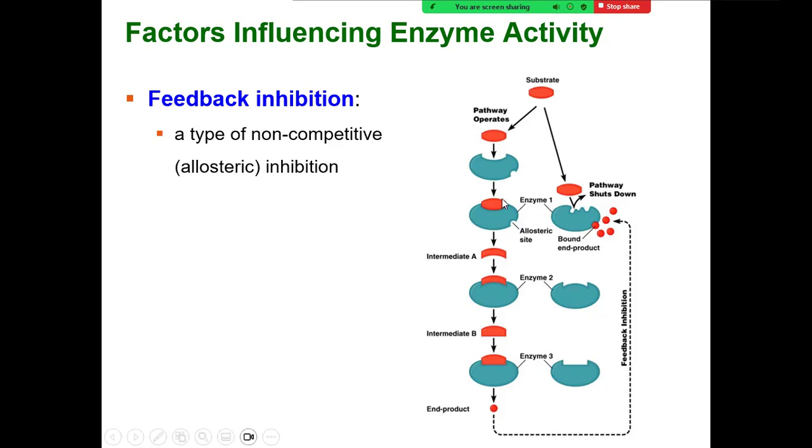You'll make more of the end product because you're keeping this chemical reaction going until you reach the point where there's enough end product in the cell, and then the end product will start to bind to enzyme 1, shutting down the chemical reaction, which shuts down the production of end product.